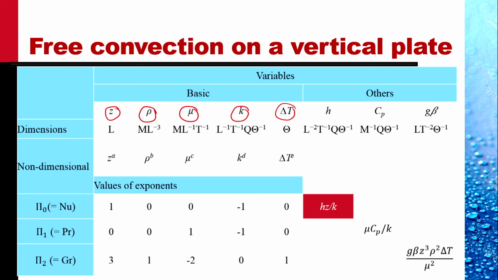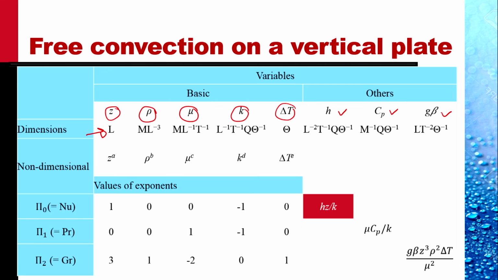These are the 3 other parameters which remain: h, the dependent parameter, Cp, and g beta together. The dimensions of these are written in this line. You can verify.